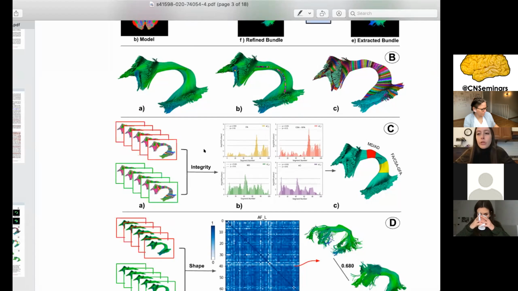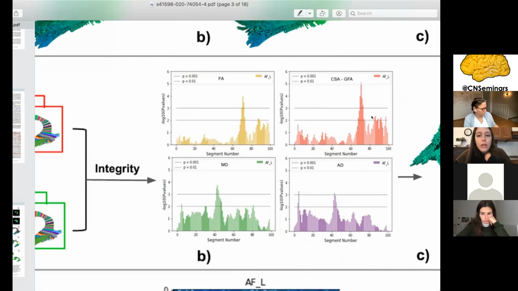What we get is these type of graphs, so that here you can see we have two different thresholds of significance, which are p less than 0.01 or p less than 0.001. They consider as significant the lower threshold, so the higher significance.